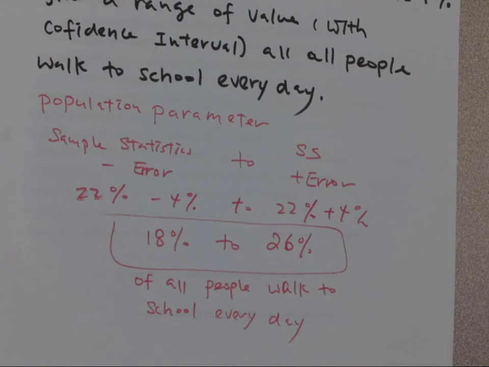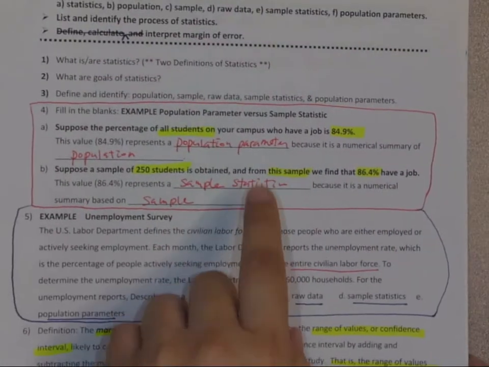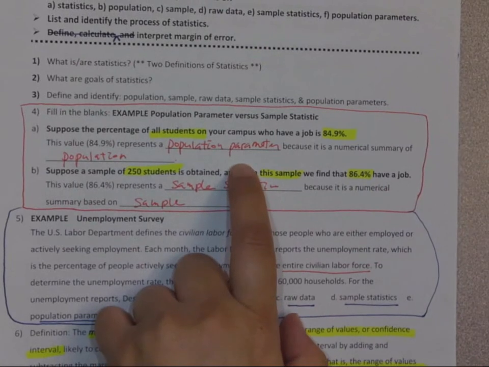Okay, so we're still in 1.1. And some of the questions in 1.1 ask you to do some kind of fill in the blank, right? And then it will ask you to put in the population parameter and the sample statistic. If you are picking population parameter, they should be related to the population, right?